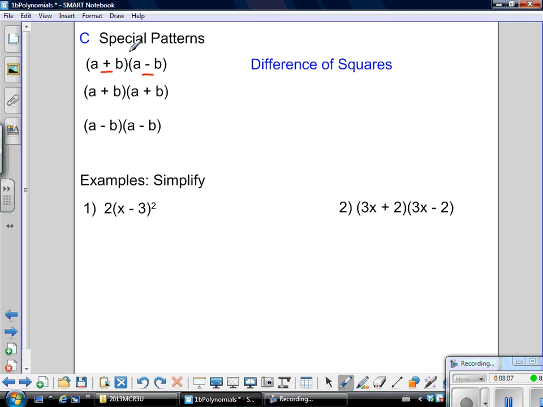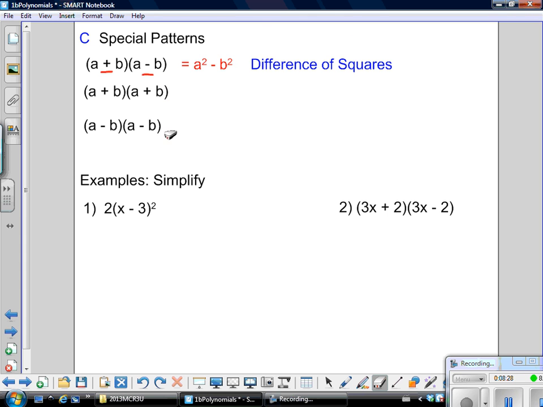So if I do FOIL, the in between terms, the AB and the BA are going to cancel out each other. So what I'm left with is just a squared minus b squared. That's why they call it a difference, because it's minus squares, a squared, b squared.